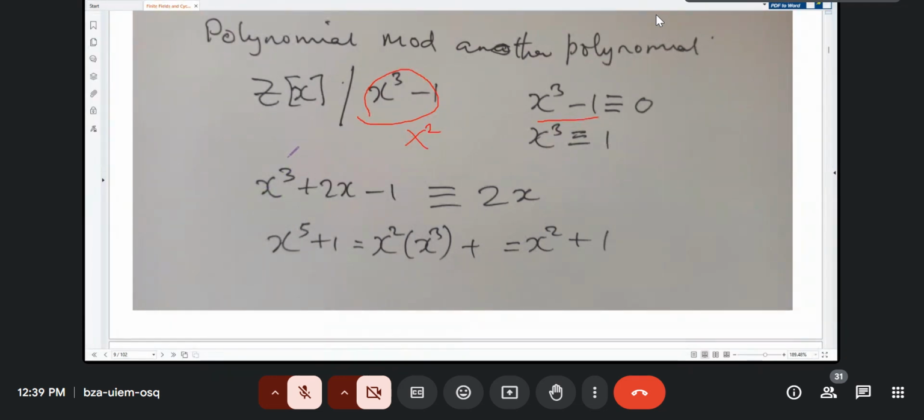So this will be 1 minus 1, so it just remains 2x. x to the 5 plus 1 is simply x to the power of 2 times x to the power of 3 plus 1, and we know this x to the power of 3 is 1, so this is simply equivalent to x to the power of 2 plus 1. And we are going to do a lot of this when you come to generating the BCH code. You are going to find that this arithmetic is very important.